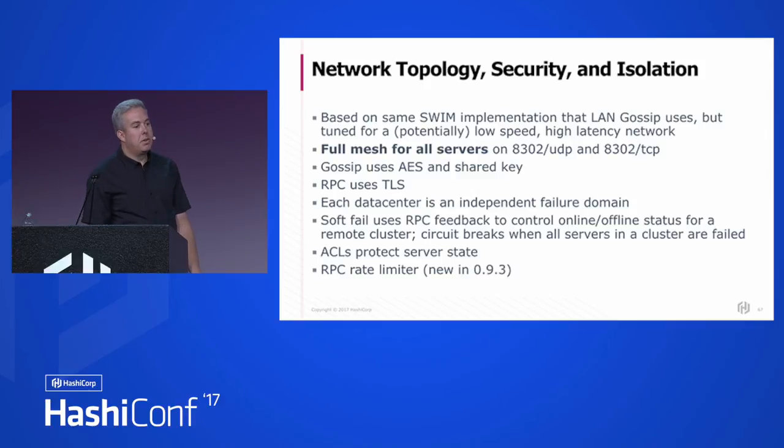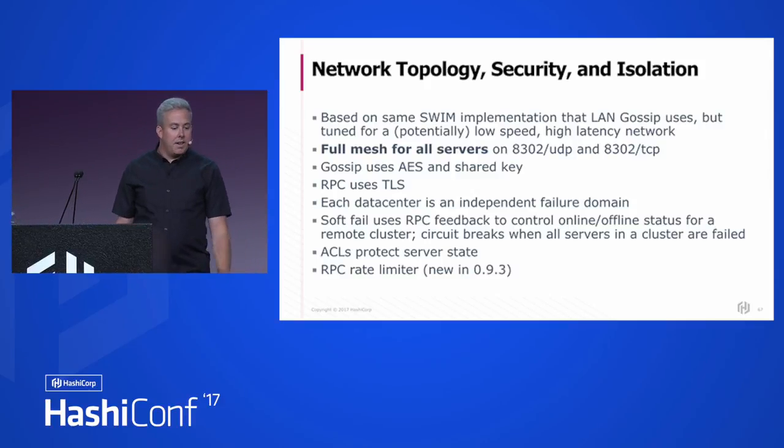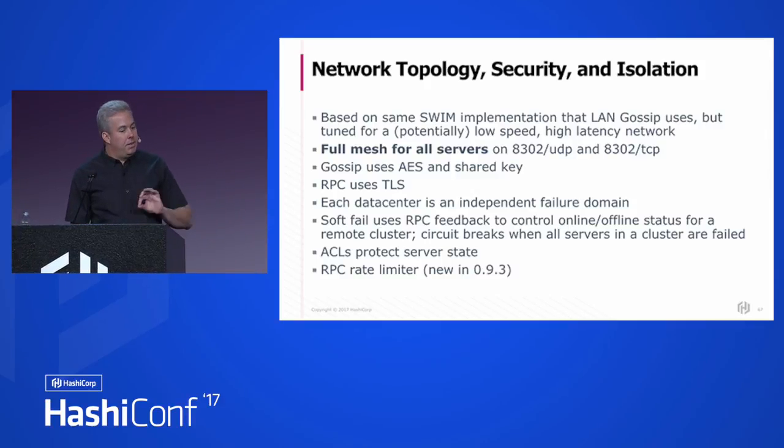The gossip encryption uses the same shared key design. The RPC uses TLS. And each data center is an independent failure domain. So they might drop offline, but hopefully nothing in one data center can affect the other Consul-wise. They have independent servers. They have independent Raft setups. They're not replicating data.